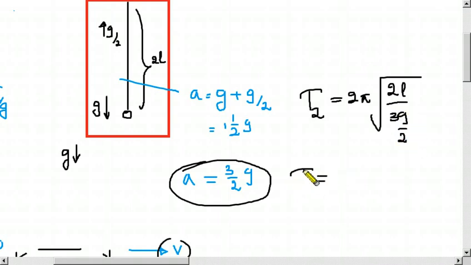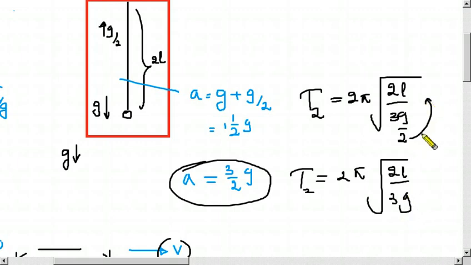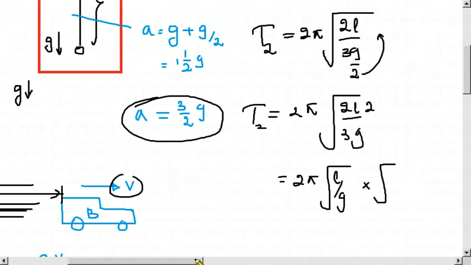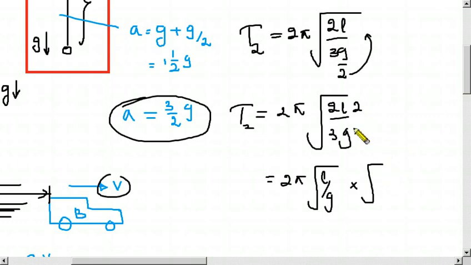Let us simplify: root of 2L divided by 3g, so this 2 goes up to the numerator. So 2 pi, let us separate root L divided by g times root of the other part of the term, 2 times 2 is 4 divided by 3.